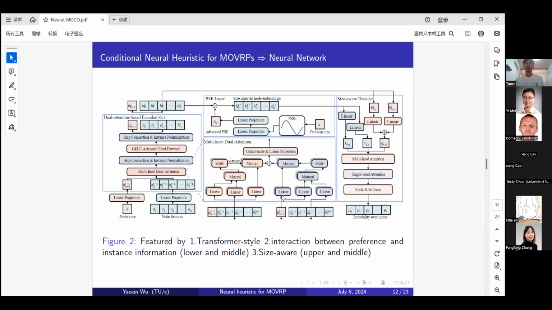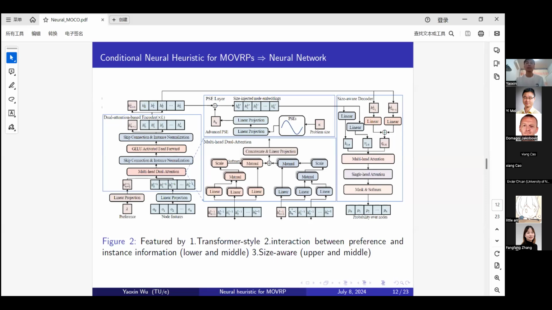So given multi-objective vehicle routing problems, we first sample a group of preferences, and for each preference, we input the preference with the information of the instance.